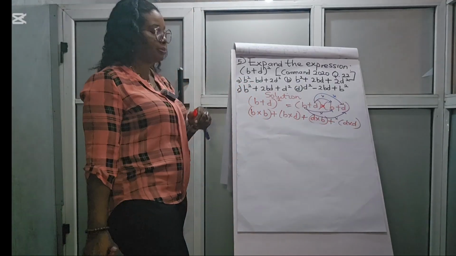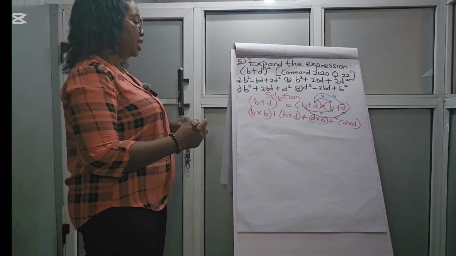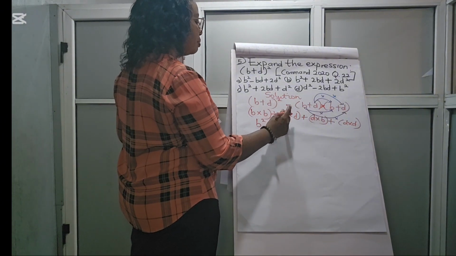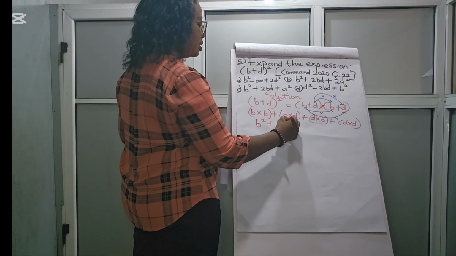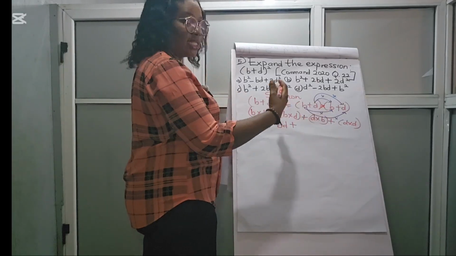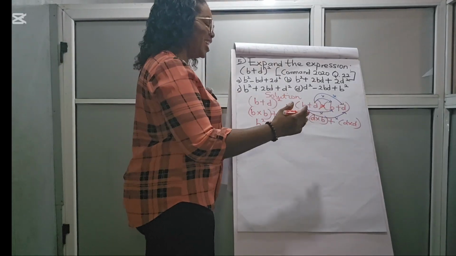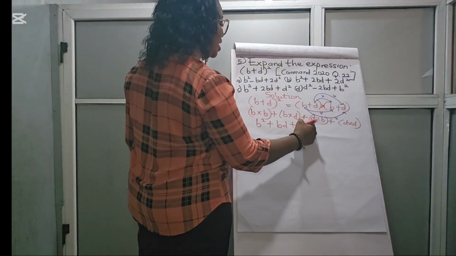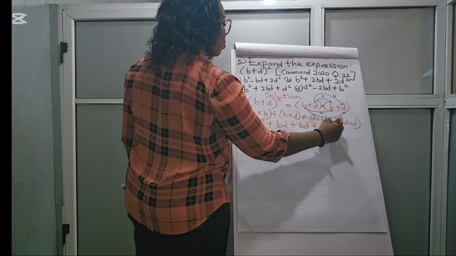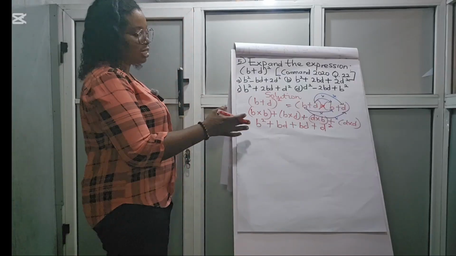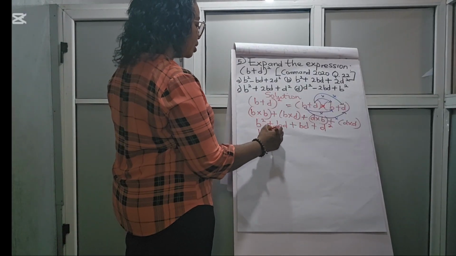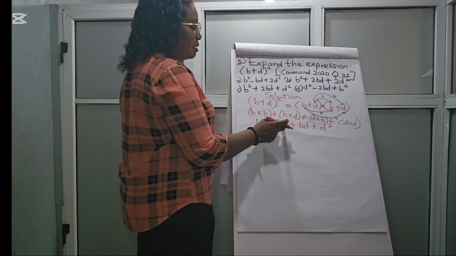All addition. So solving this, B times B is B squared, plus B times D is BD, plus D times B, writing it in the order of the alphabet, is BD also, plus D times D is D squared. We can simplify further. This becomes B squared plus BD plus BD.